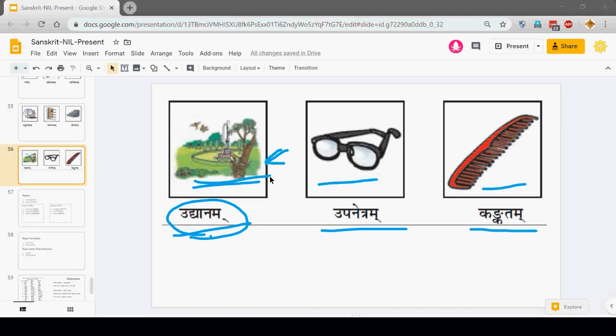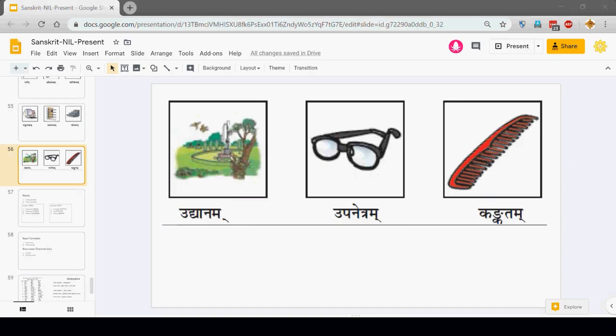Though the word is referring to the object, the gender belongs to the word. There may be different words referring to the same object.